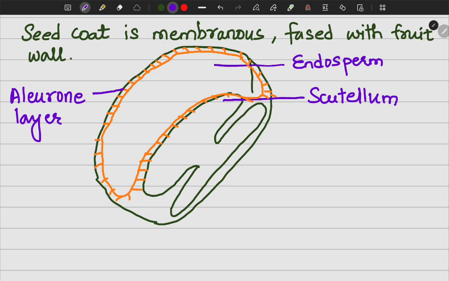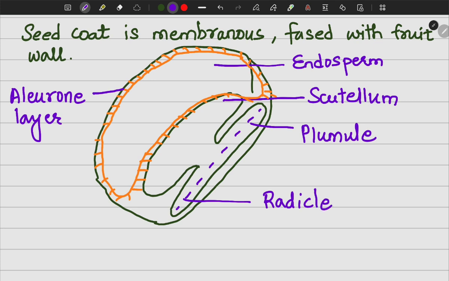Okay, now this is the embryonal axis. Just like the dicot seed, the upper part of this embryonal axis will be called a plumule, which will form the shoot, and the lower part will be called a radicle.